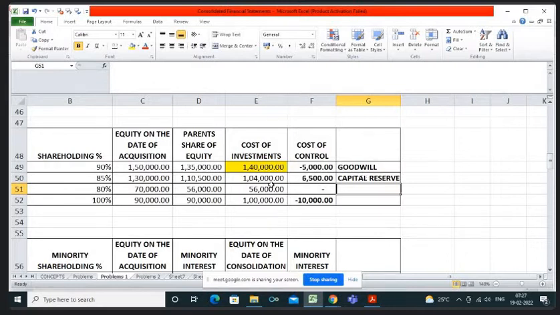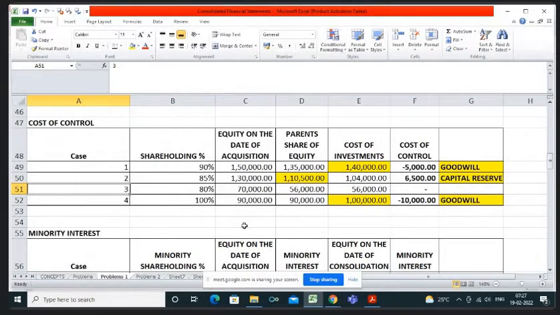In the fourth case, we paid 1 lakh but got assets worth 90,000. It means we paid 10,000 for the purpose of goodwill. So again, this will be a goodwill. Wherever our cost of investment is more, it will be called as goodwill. Wherever our share of equity is more, then we call it as a capital reserve.